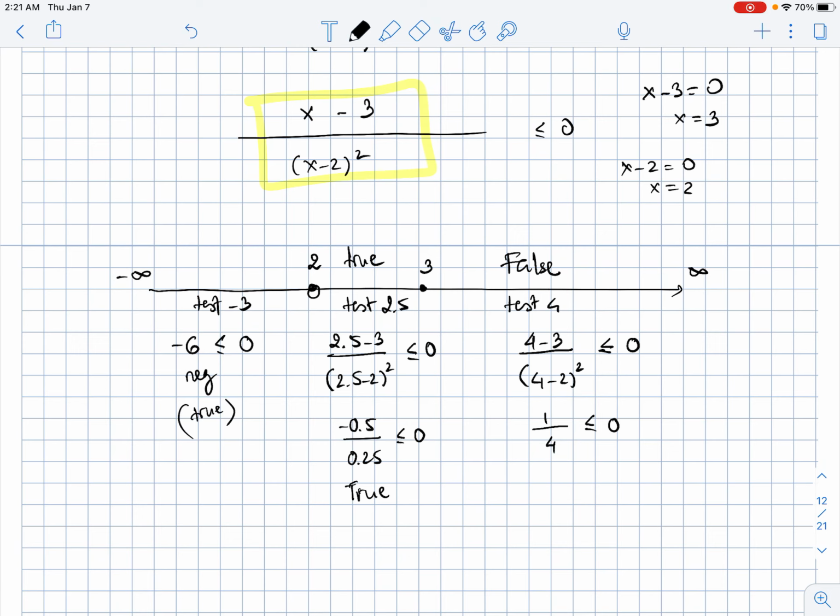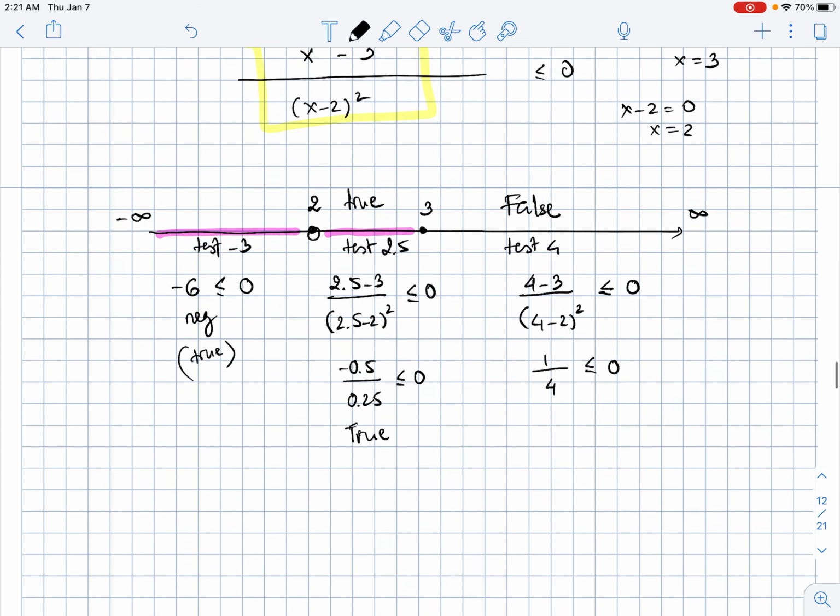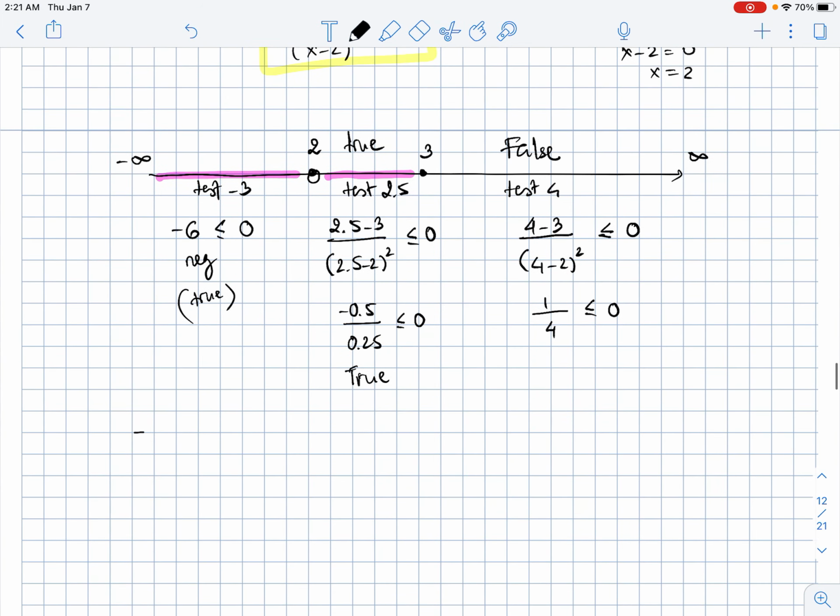We are looking for the negative numbers because the statement says less than 0. So we are looking for the true ones. We will take this interval and this interval. The answer for this will be negative infinity to 2, union 2 to 3.